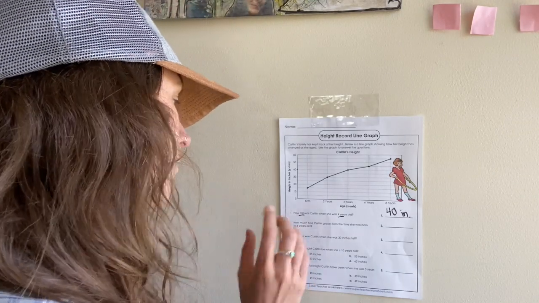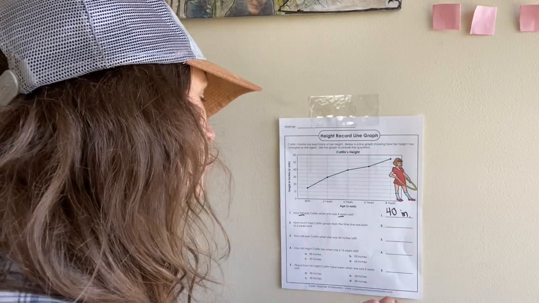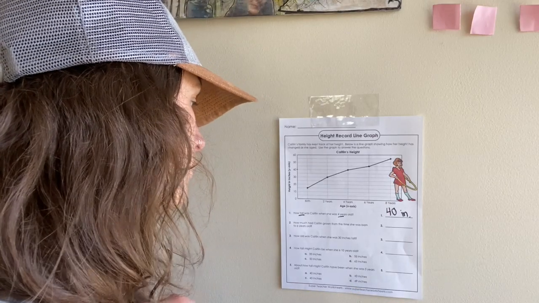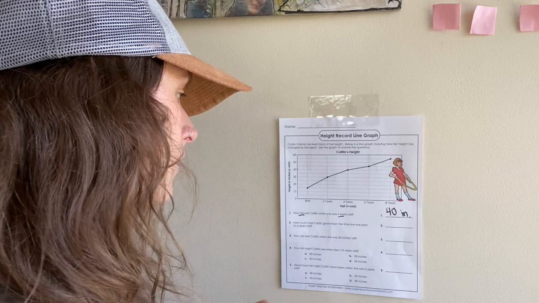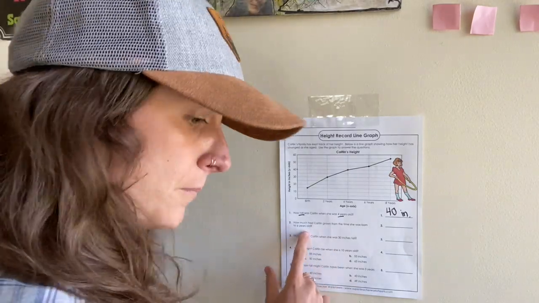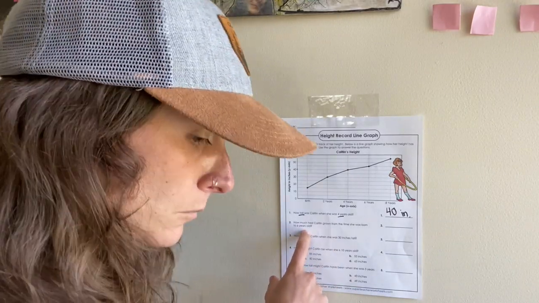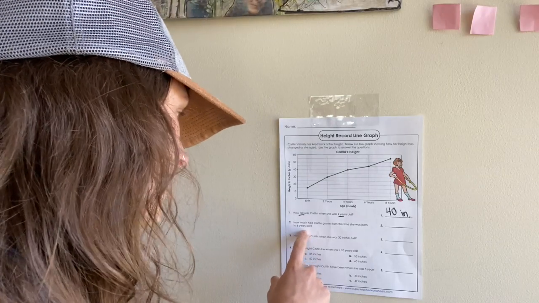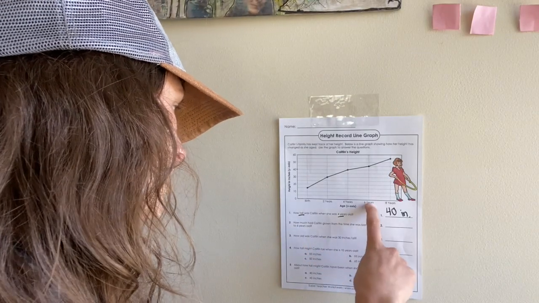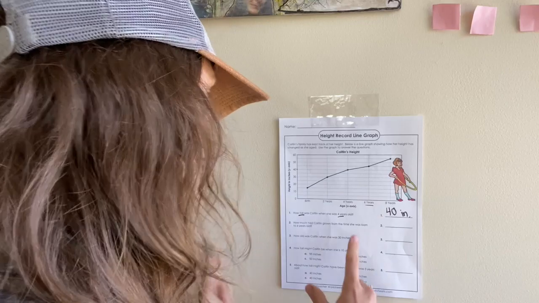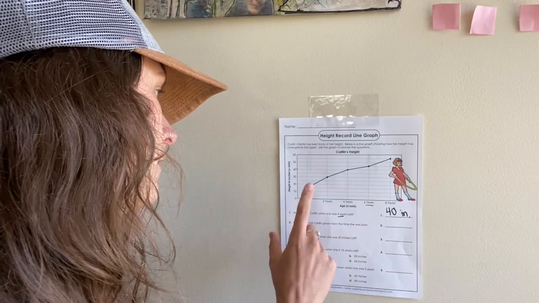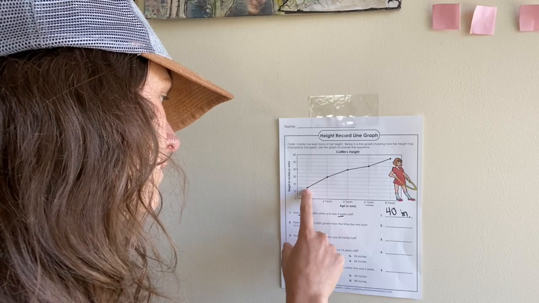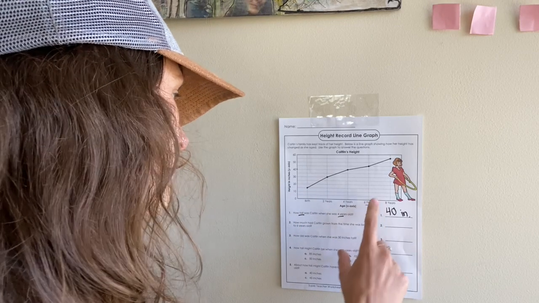So now for question 2. How much had Caitlin grown from the time she was born to 6 years old? Wow, that's a pretty intense question. So we are gonna take a look here and see. 6 years is right here. So we know that's where we're looking to. But how much has she grown from the time she was born? So birth, all the way to 6 years old.